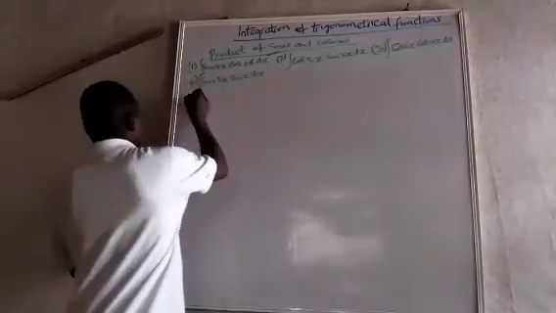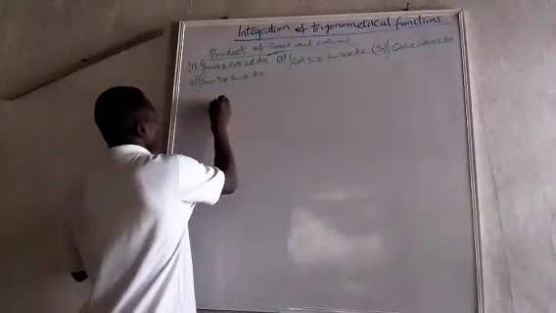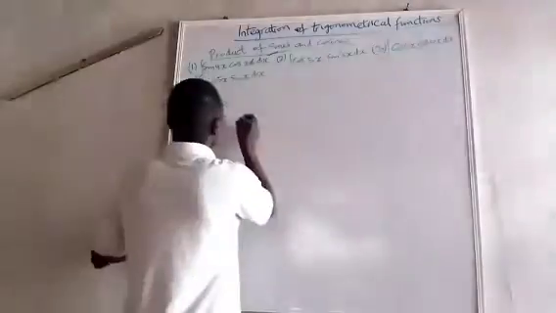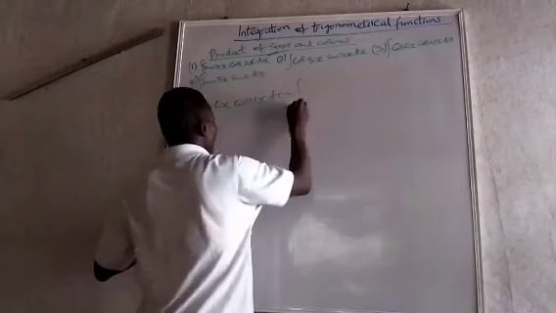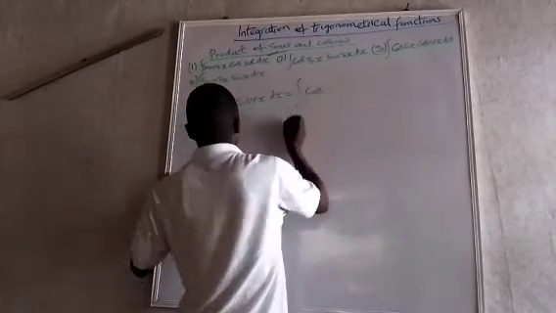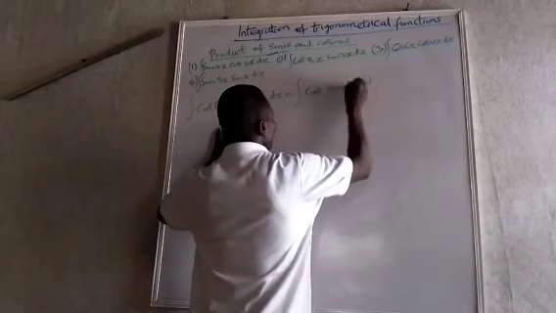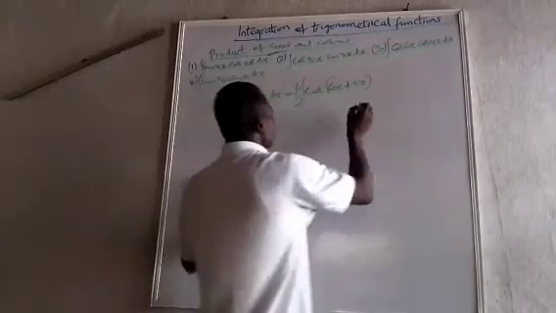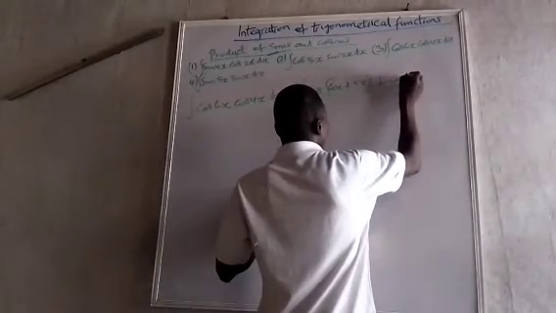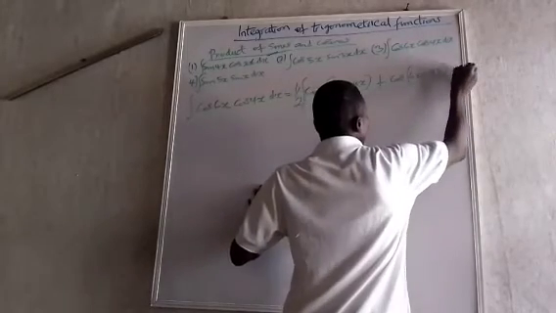Now let's look at the third one. We have cos 6x cos 4x dx. So you can say it's equal to cos 6x plus 4x plus cos 6x minus 4x dx.